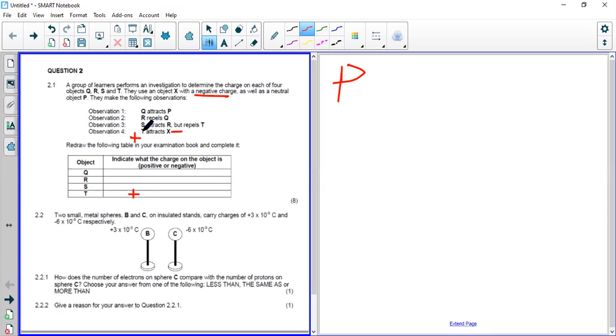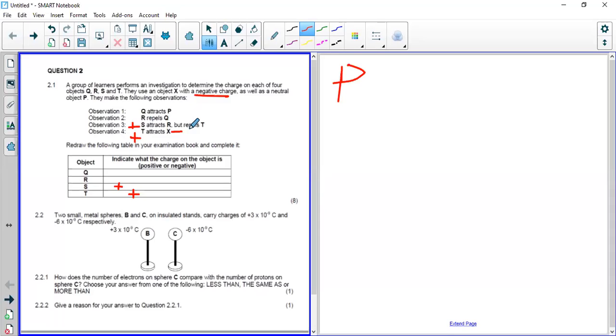So S is also positive. So we come to the table here and write S is positive. So T and S have the same charge. That's why S is repelling T.